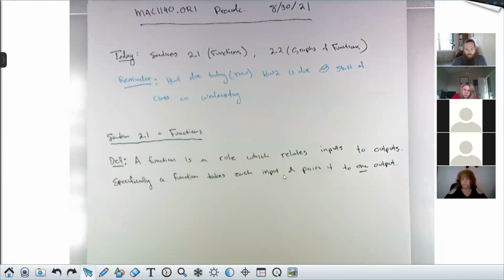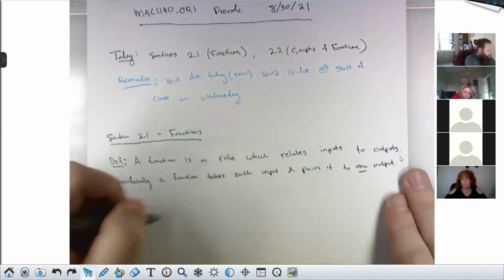Although we're going to try and get a little bit more comfy with the f of x notation, the function notation in this class, because there are some advantages to the function notation over calling the outputs y. So Jean-Baptiste's answer is really good. A function is a relation or a rule that relates inputs to outputs. So you can think of this kind of pictorially.